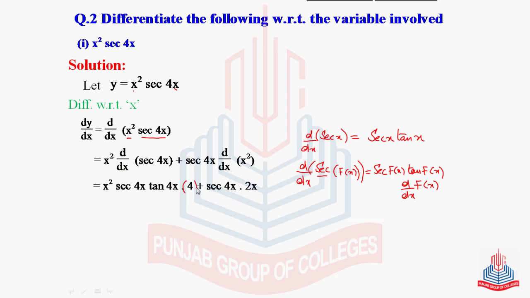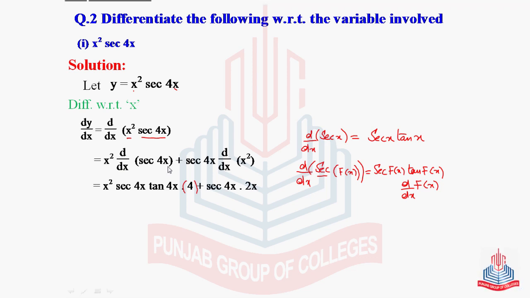So from now onwards, in the next questions, we will apply the same technique whenever we have a trigonometric function with an angle which consists of a function. By applying the derivative, we will first apply differentiation on the trigonometric function and then the derivative will apply on the angle.